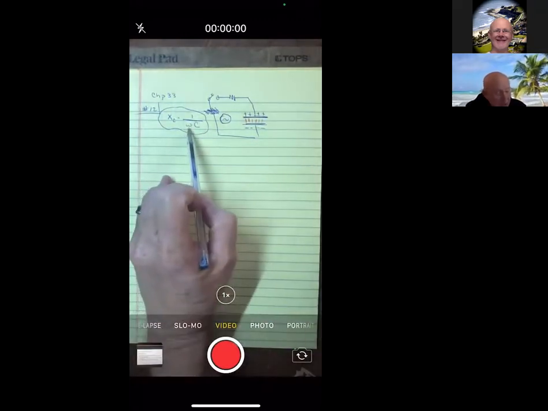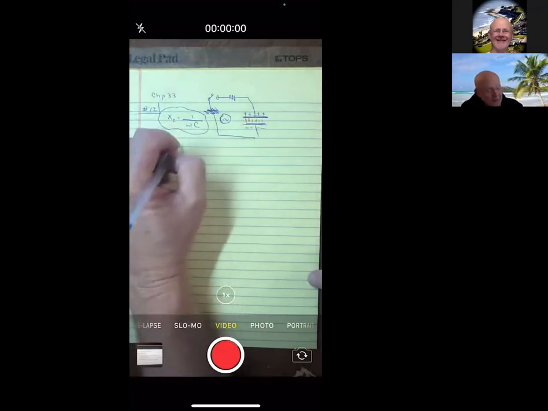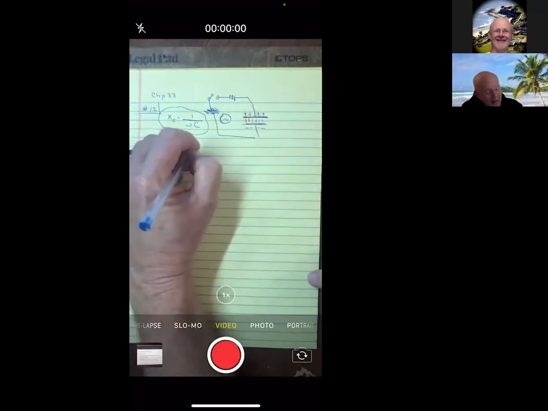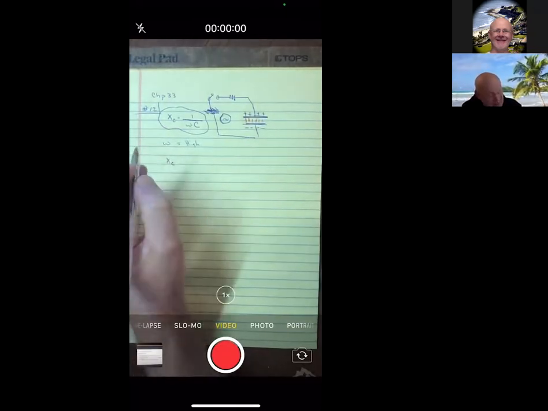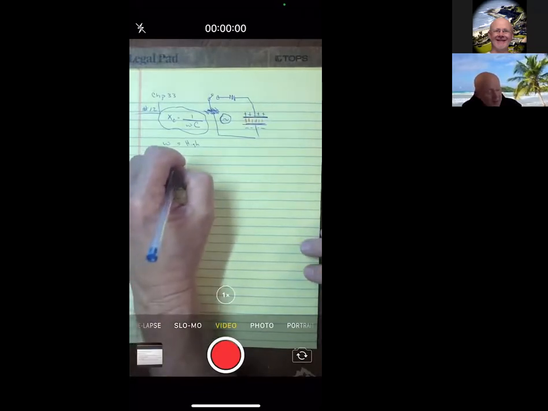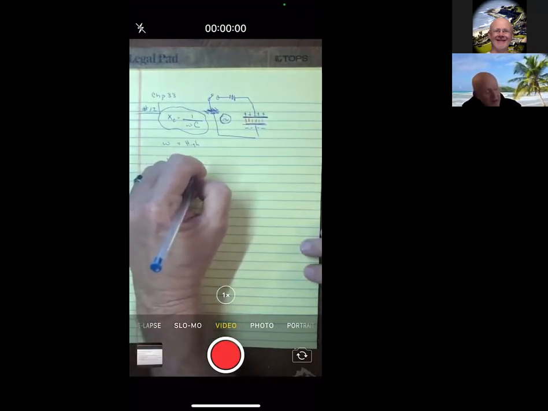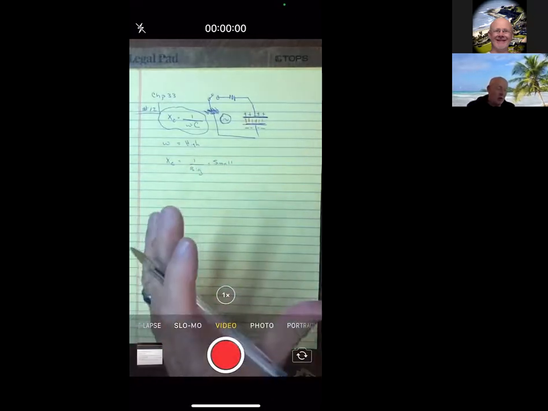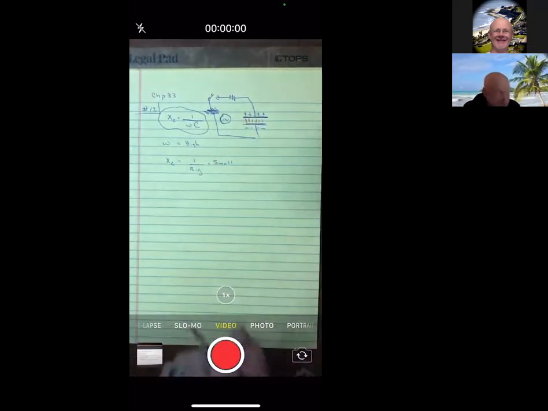So you can see for high frequencies, and so if I say omega equals high, then X sub C would be something like 1 over big, and 1 over big would be small. So we are saying basically that for high frequencies, there is very little opposition, very little reactance. And so we like to use the word reactance instead of resistance. So there's very little reactance when you have these high frequencies.